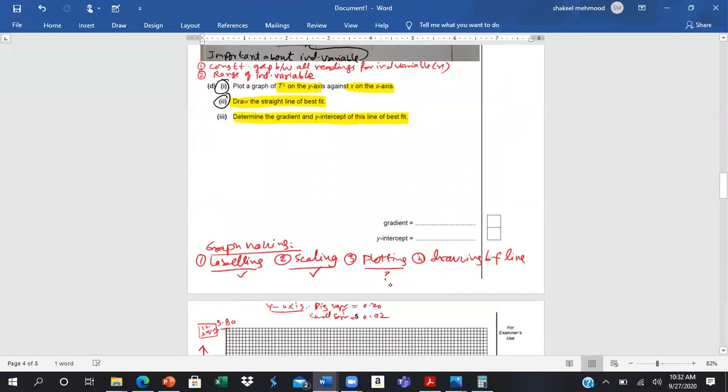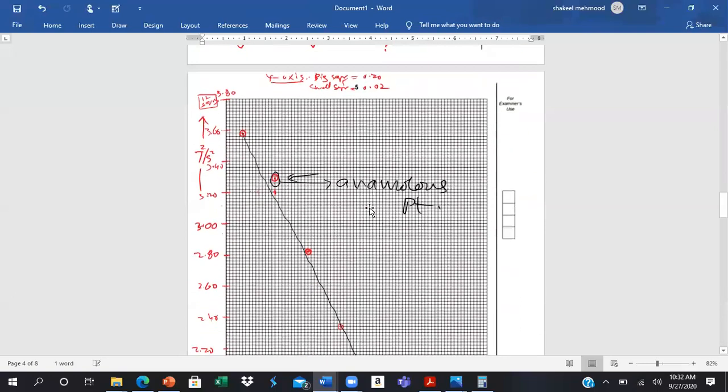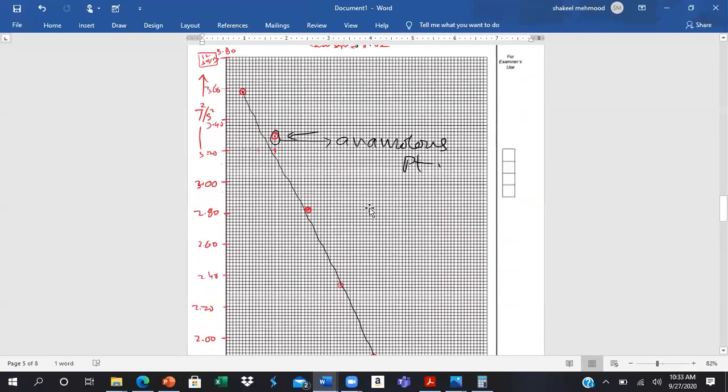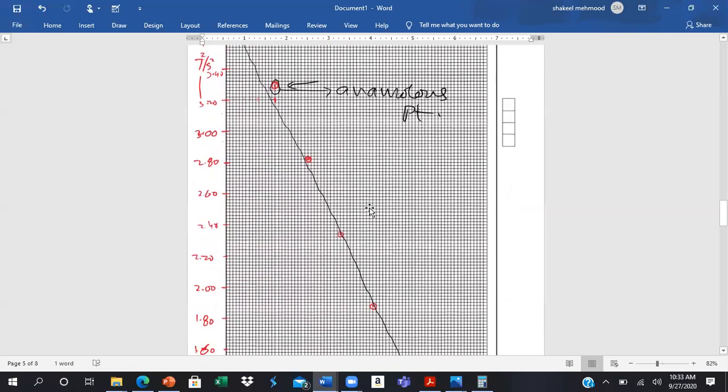Okay, the next thing is you have to determine gradient and y-intercept. So beta, for gradient, what you will be doing is y2 minus y1 over x2 minus x1. So you have to select any 2 points on the line. These can be the already plotted points if they are coming on the line. If any plotted point is not coming on the line, then you can take any other point of your best fit line.